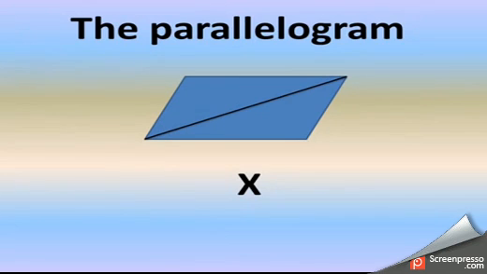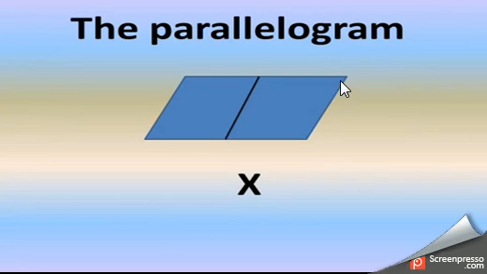Okay, mister, what can I do to draw the line of symmetry of the parallelogram? Now, when I draw this line, it converts the parallelogram into congruent parts, but when I fold this part over this part, they won't completely cover each other.